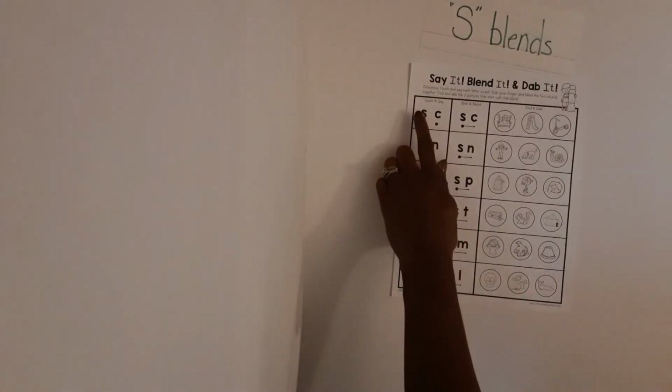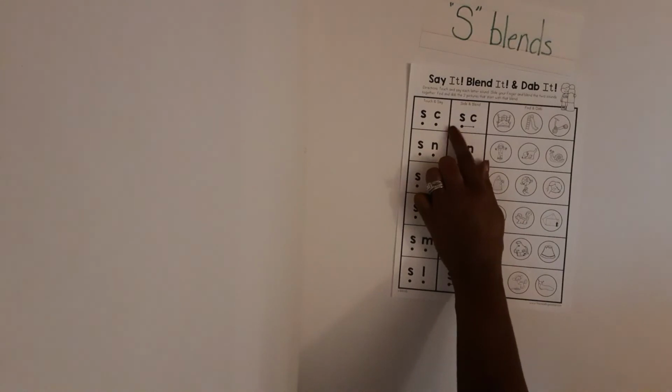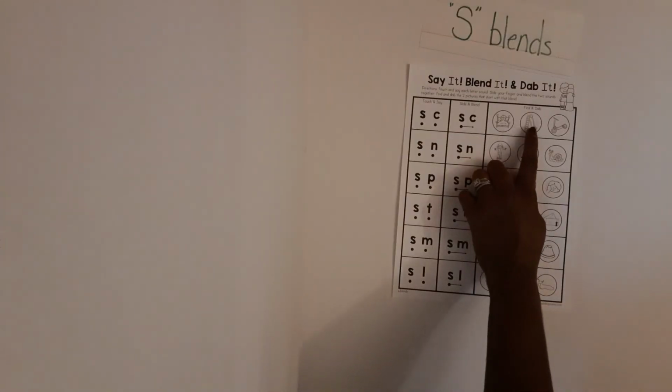So that's for today. And then I've also given you some stuff to do on Friday for extra practice. So I'll just explain it real quick. It says say it, blend it, dab it. So you have to touch and say. So you go sk, and then you slide and blend sk. And then it says to dab, but you can color in the picture.